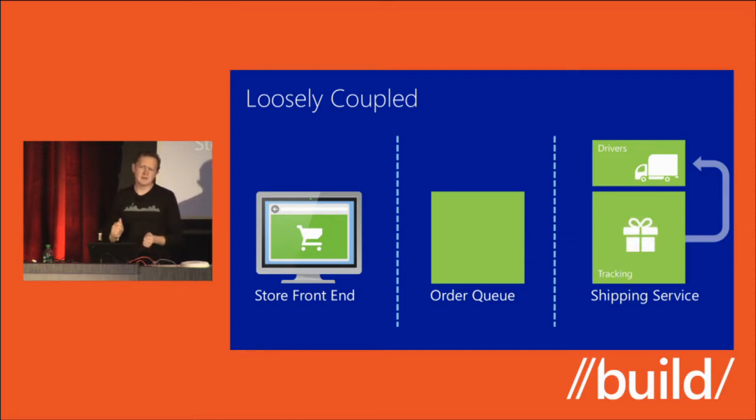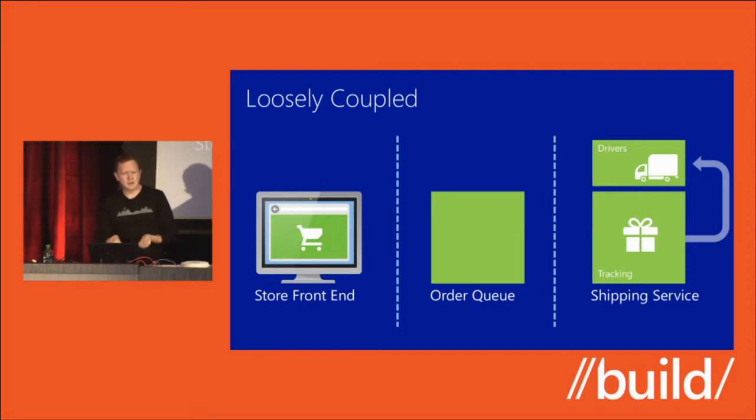So this is something we call temporal decoupling. It means that the components in your system no longer all have to be online at the same time. You can take a component down for maintenance, or in the situation where a component fails, the whole of your system isn't impacted by that. So that's temporal decoupling.